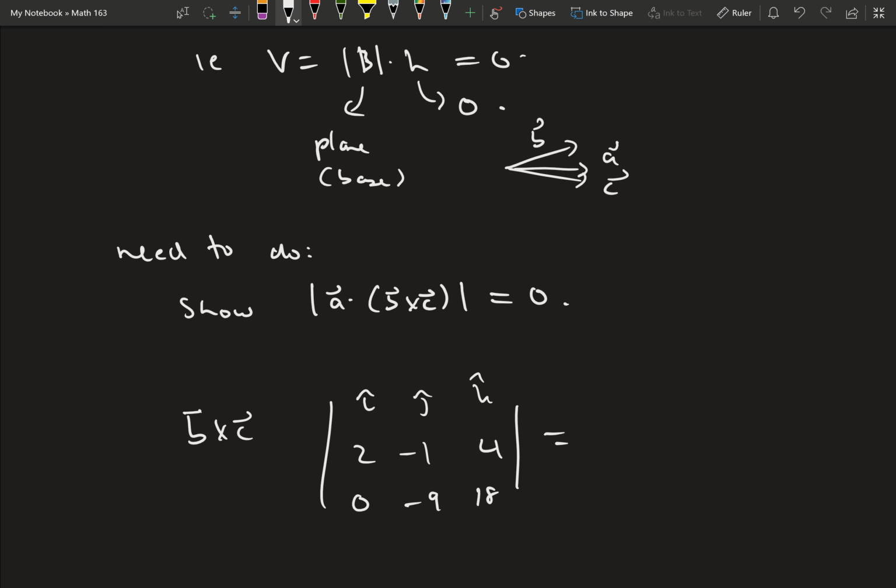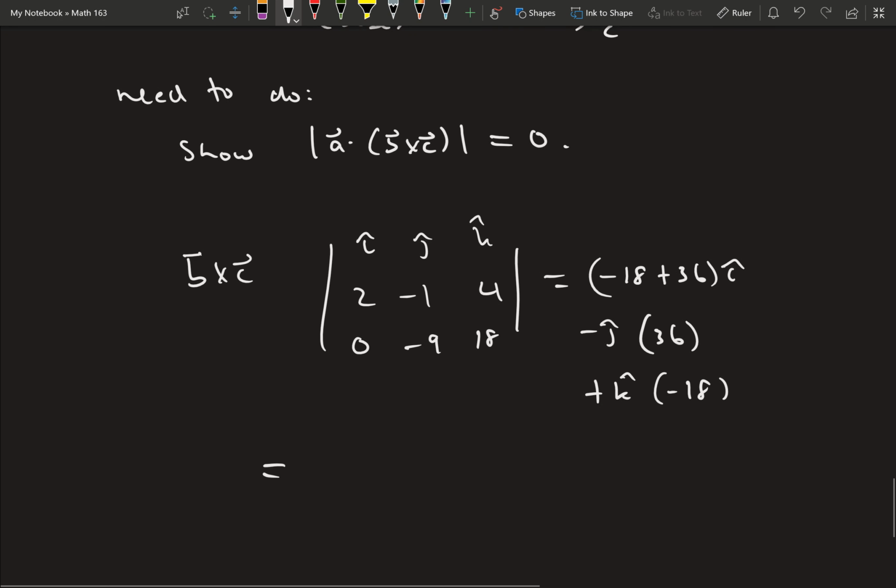We get negative 18 plus 36 I, and then minus J times 36, and then plus K times negative 18. So this is equal to the vector 18 minus 36, negative 18.